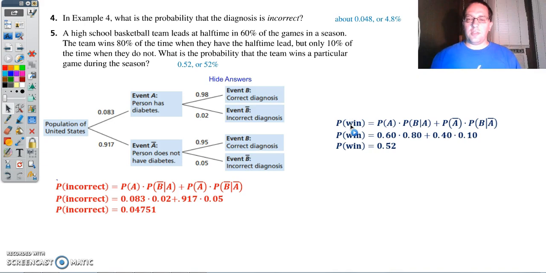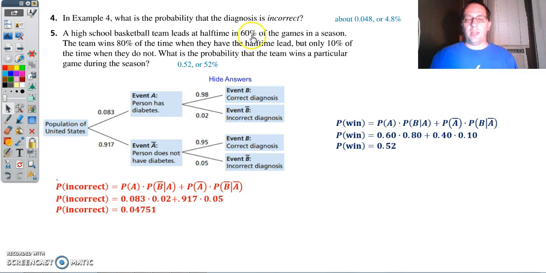So let's take a look at this. Probability of them leading at halftime times the probability that they win the game, given that they're leading at halftime. So they win 80% of the 60%. All right. Plus, they also win 10% of when they're losing at halftime.